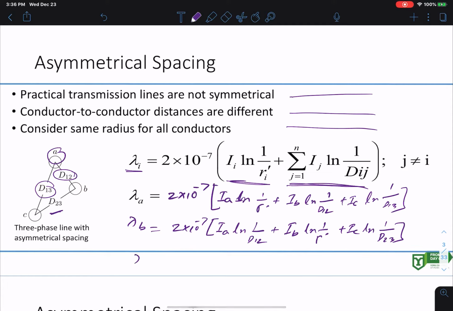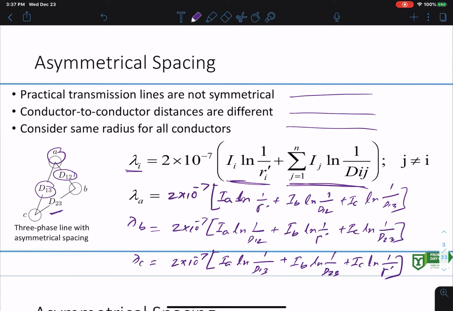Then you can also find lambda C the same way: IA ln 1 over D13, IB ln 1 over D23, plus IC the self linkage, natural logarithm 1 over r prime. So we have the linkage to each of the three lines.